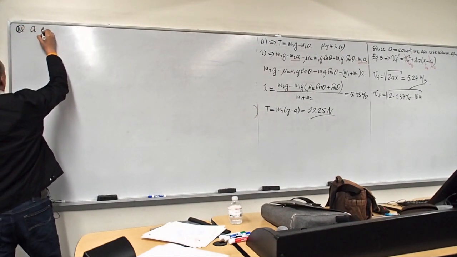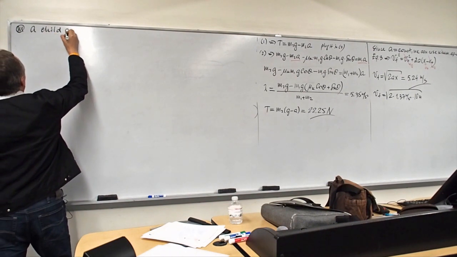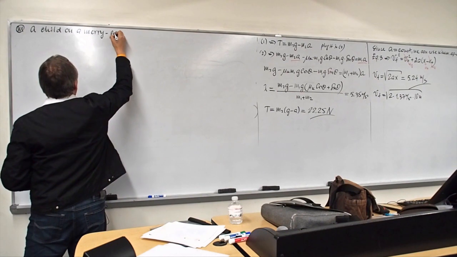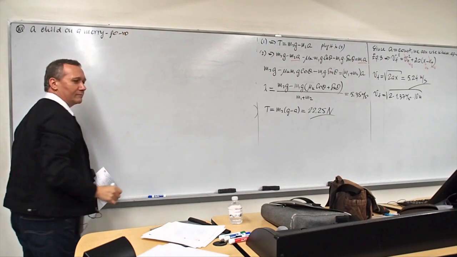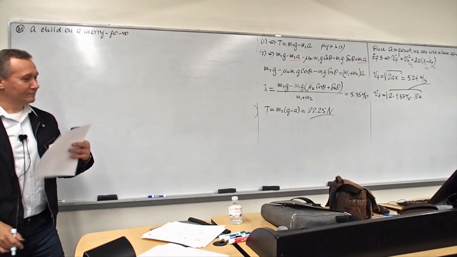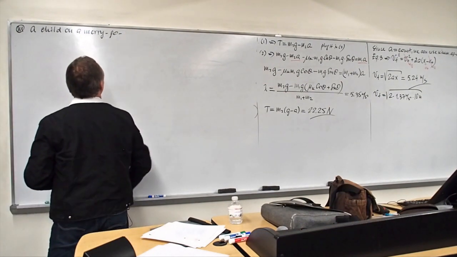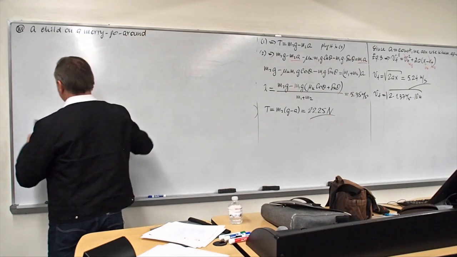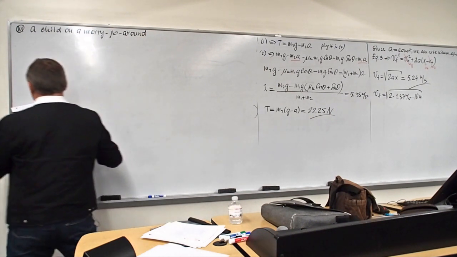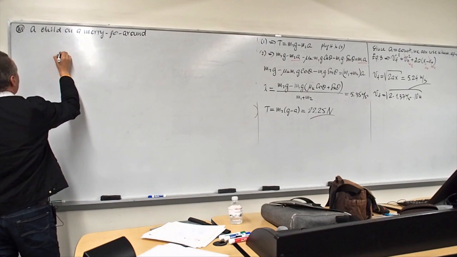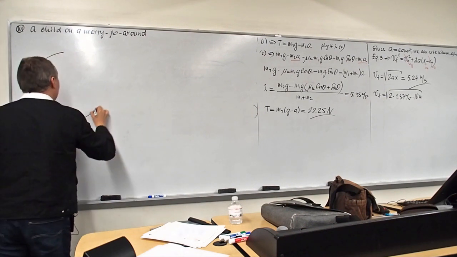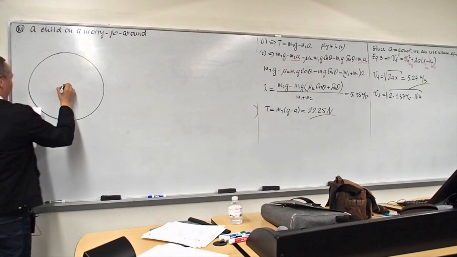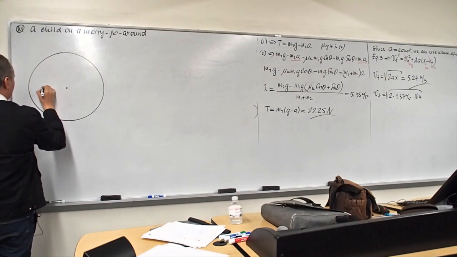So again, we have a child on a merry-go-round. I will draw the picture. So we have, basically, a disk, and the child is sitting over here.